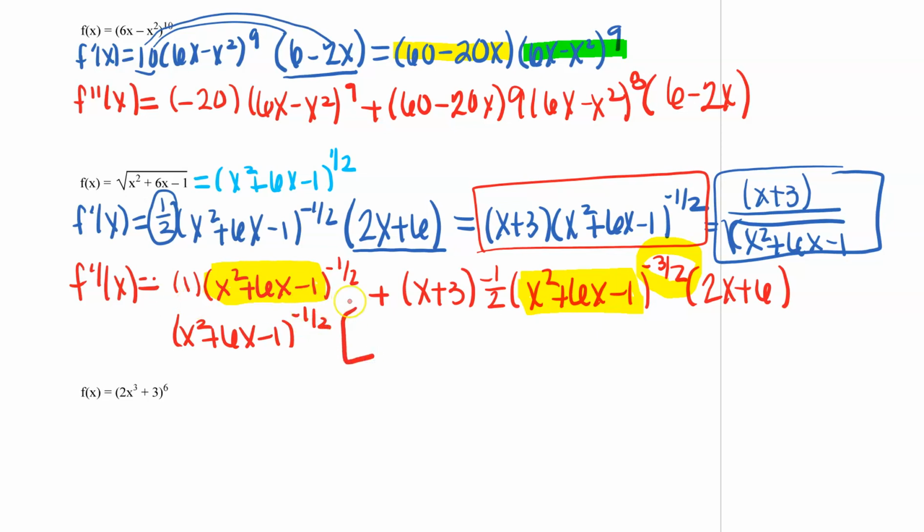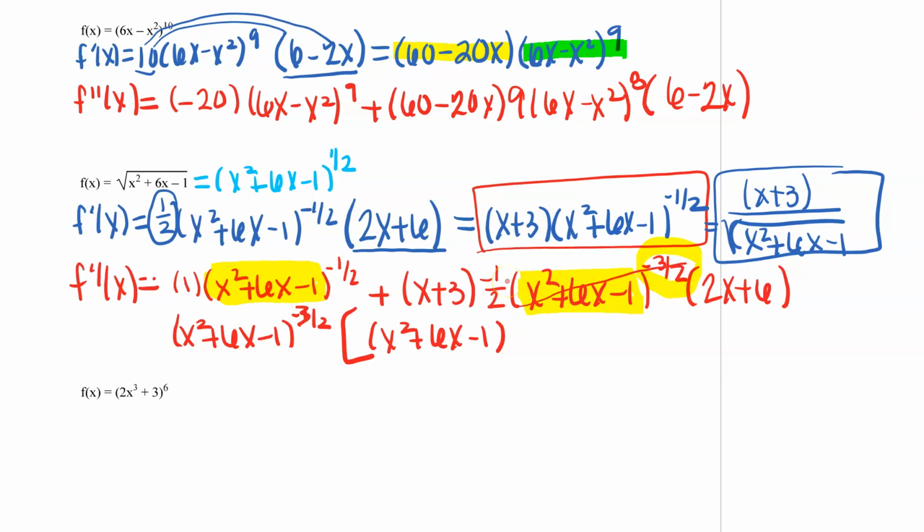Now in the first term, I'm taking out the negative 3/2. So in the first term, when I take negative 1/2 minus negative 3/2, actually just leaves me with x squared plus 6x minus 1. In the second half, I'm taking out that whole piece there. It's all coming out front.